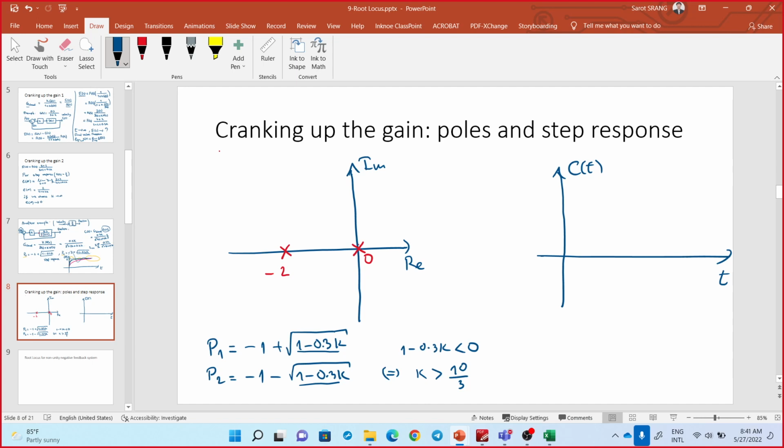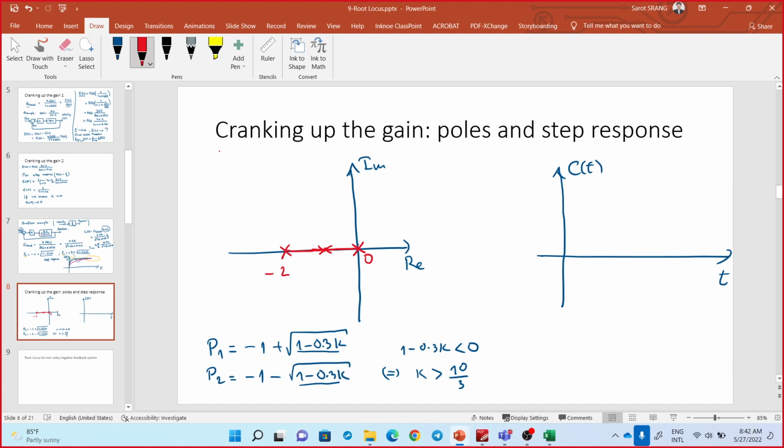The two poles approach each other, moving toward the middle, until k equals 10 over 3, where these two poles become double poles.